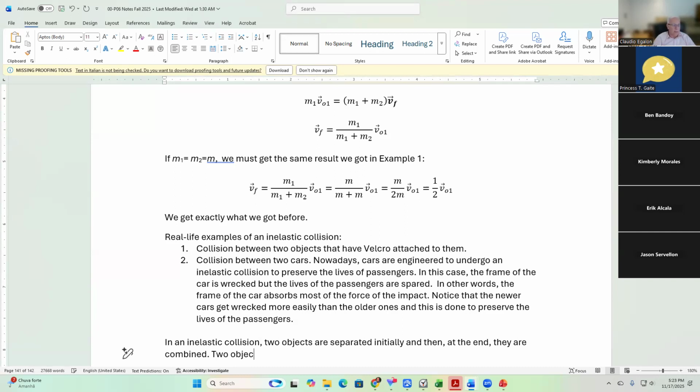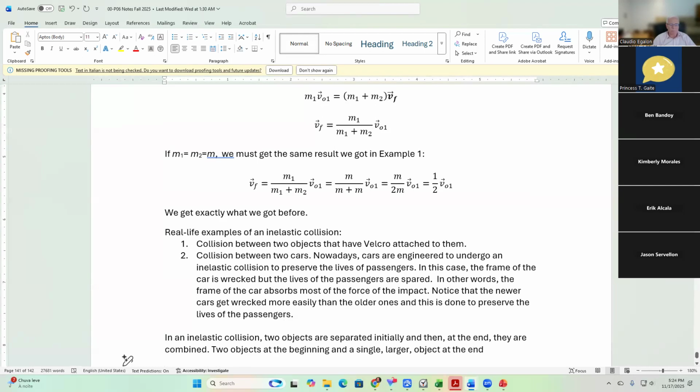We can say that we have two objects at the beginning and a single, larger object at the end. That's what the inelastic collision is all about. Since they are moving together, they can be considered as a single object.